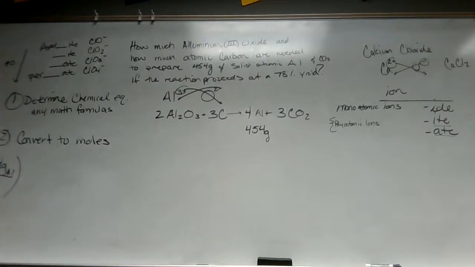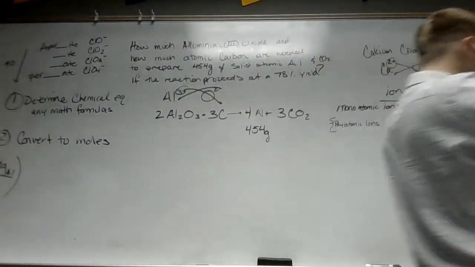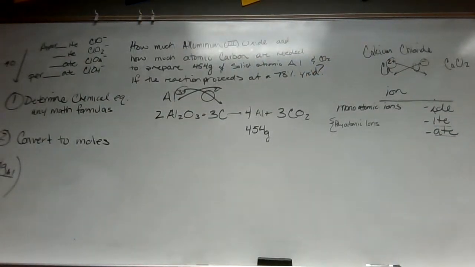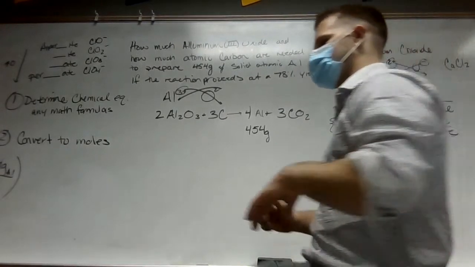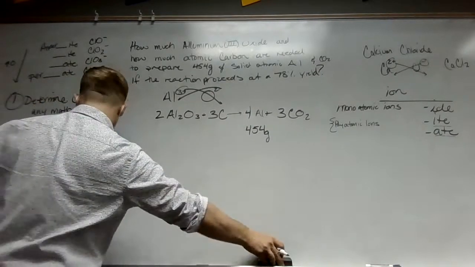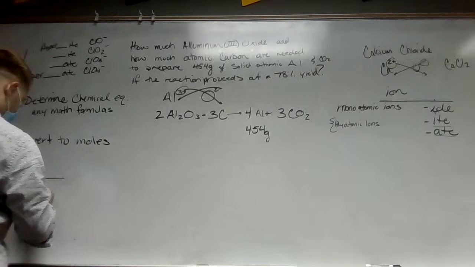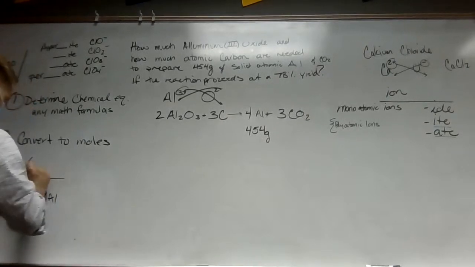Look it up on the table. 26.98. Today we'll just say about 27. I would recommend pointing out just a couple of decimals for everything. 27 grams of aluminum is 1 mole of aluminum.